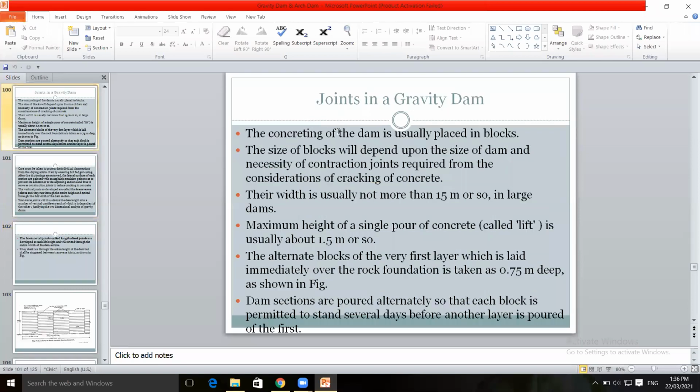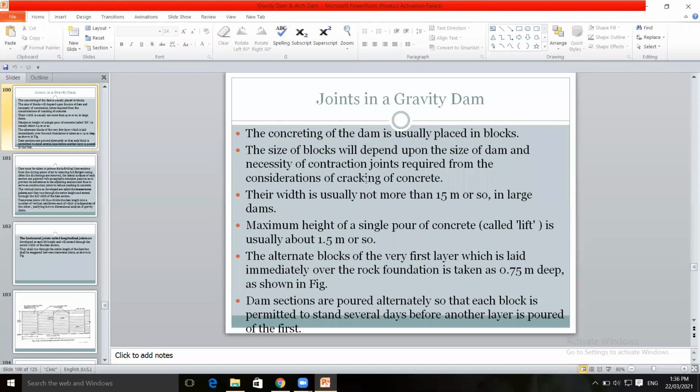So after this, there are joints in gravity dam. Concreting of the dam is usually placed in blocks.